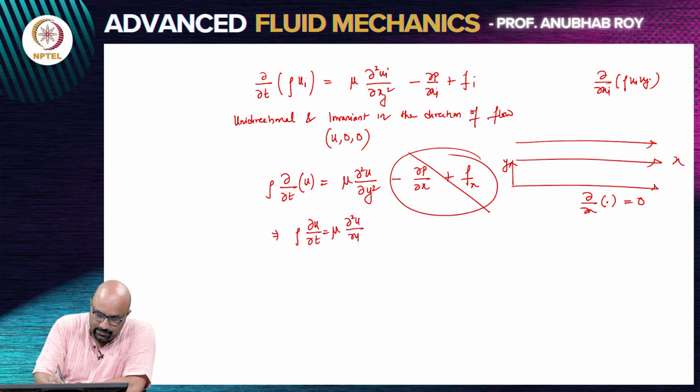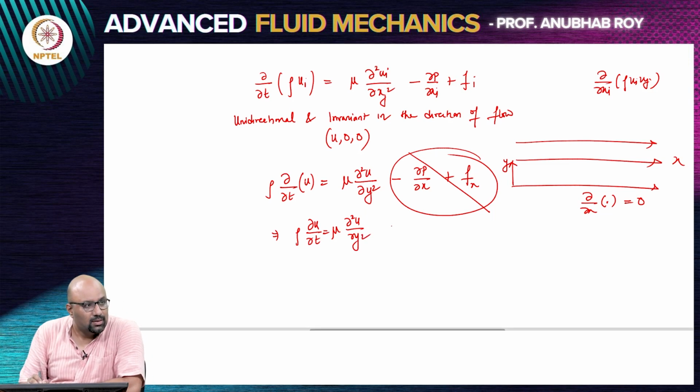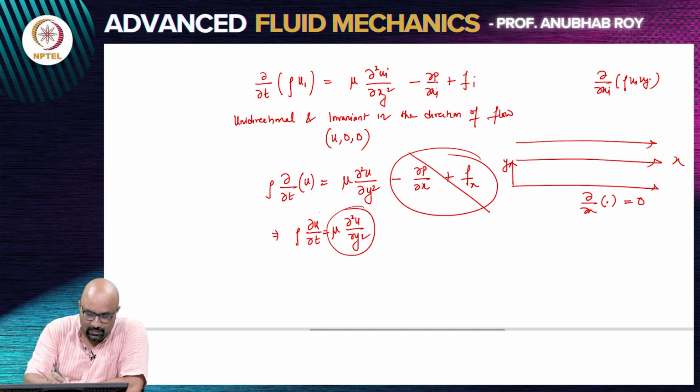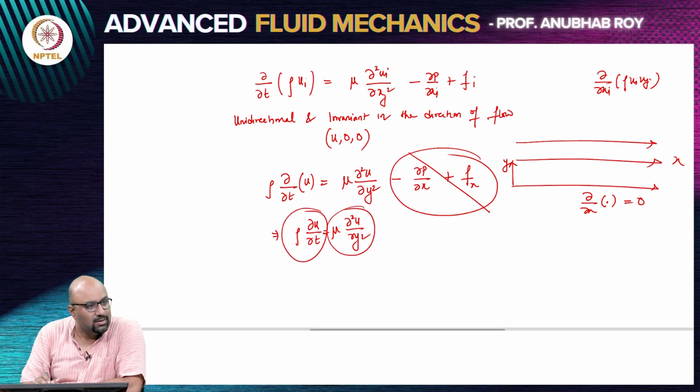this equation. We have the viscous force per unit volume balancing the rate of change of momentum per unit volume, or you can think in terms of mass times acceleration per unit volume.